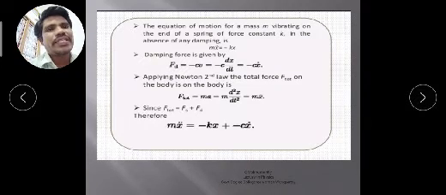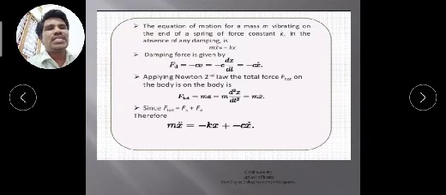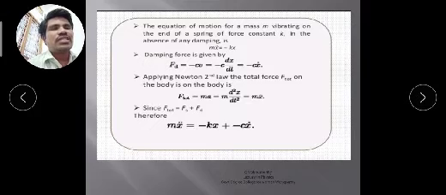Now the damping force is given by F d, that is damping, is equal to minus c into v, and we know that v is equal to dx by dt. So therefore it is minus c into dx by dt, and that is equal to minus c into x dot.